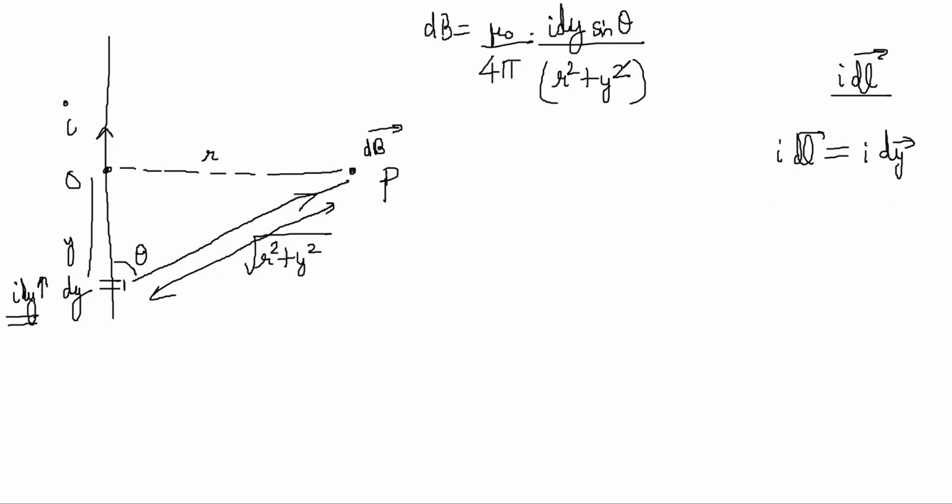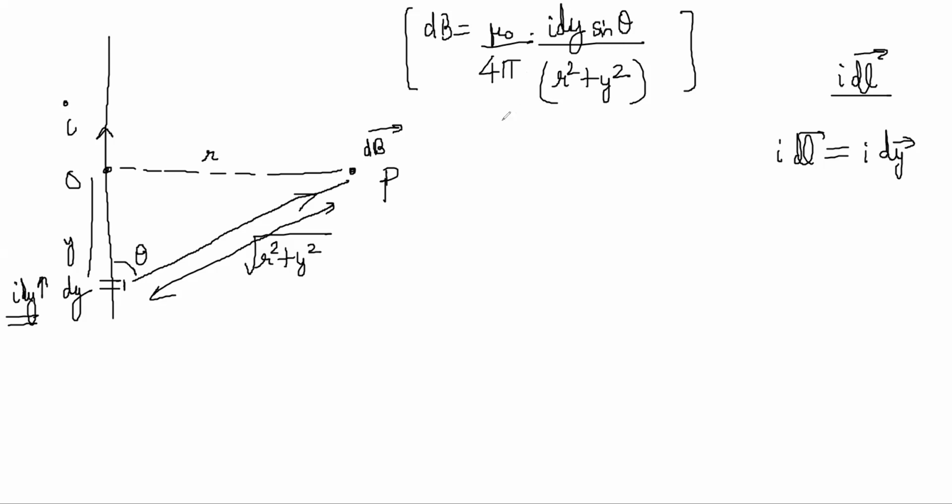IDL cross R by R cube क्या होगा? This is the magnitude of the magnetic field that I am focused on right now. The direction I will worry about later. Magnitude is this.